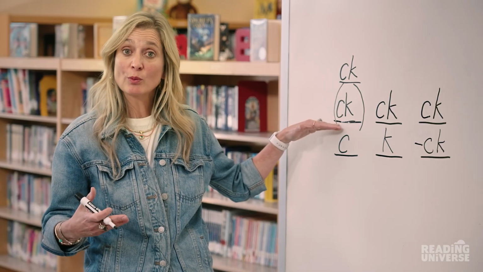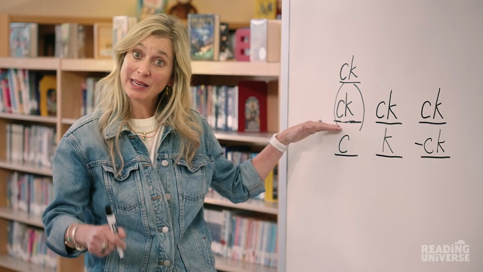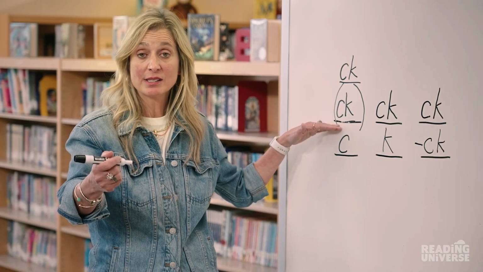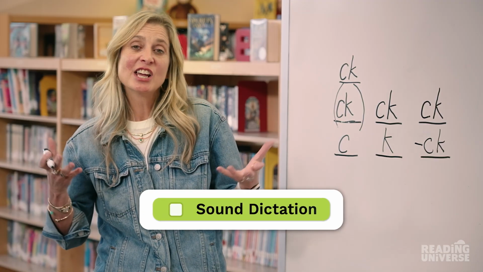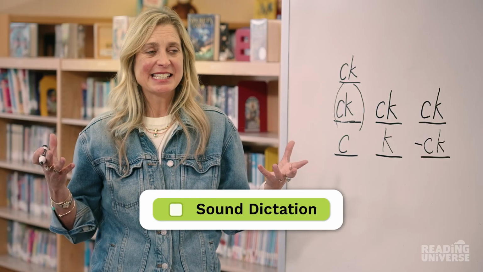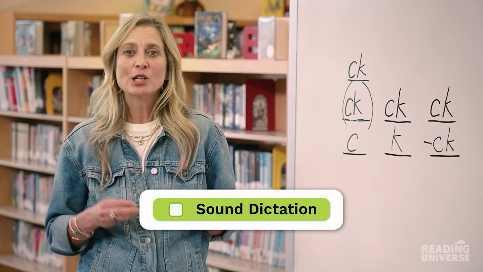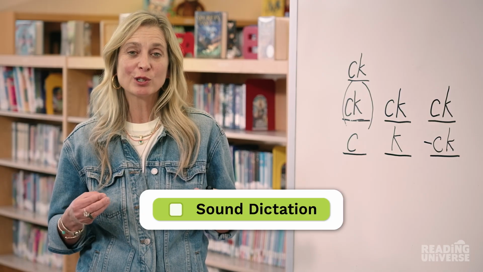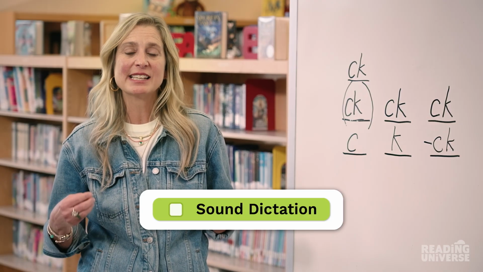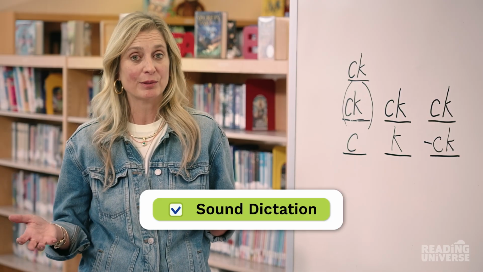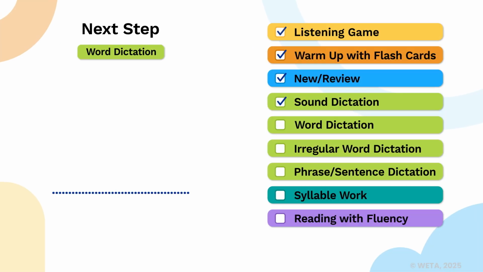And they can look right at their very own paper as a reference. So the sound dictation serves as this appetizer of what's coming next with words. You have set the stage for your children to be successful as they spell this new pattern.